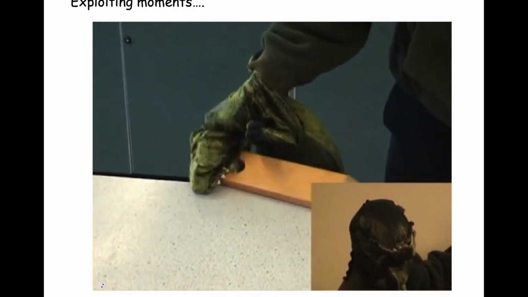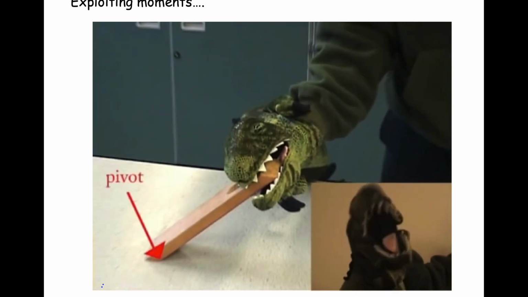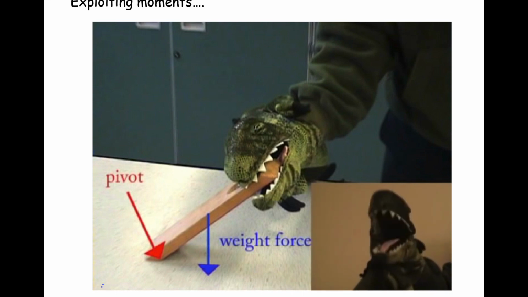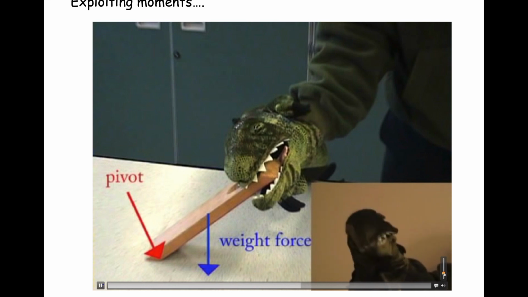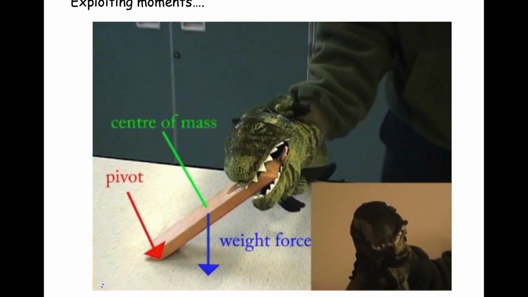Anyway, when a piece of wood rests on the desk, the bottom bit acts like a pivot. The weight of the wood, which is caused by a force of gravity, acts as if it comes from one point, which we call the centre of mass. Now obviously the mass isn't really just in one point.